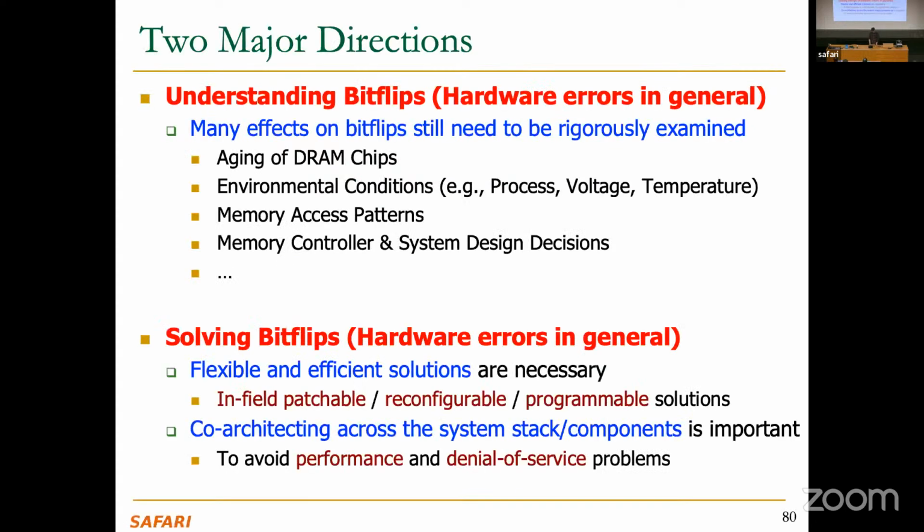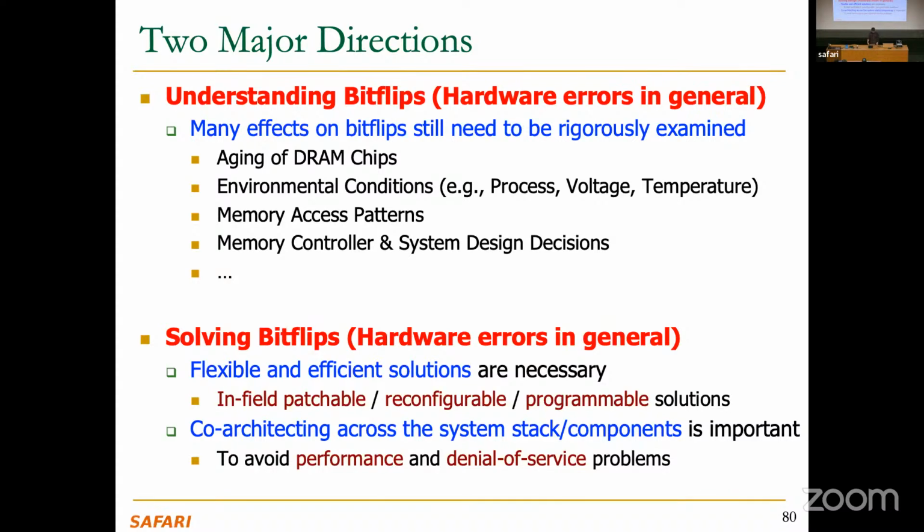Of course, we have many ongoing works and many other directions to look at on DRAM read disturbance. Some of them include: what if we age the DRAM chips? Will RowHammer and RowPress read disturbance become worse, stay unchanged, or even become better? Also more environment parameters, let's say voltage, and more memory access patterns, because beyond single-sided and double-sided, we can have many-sided patterns.